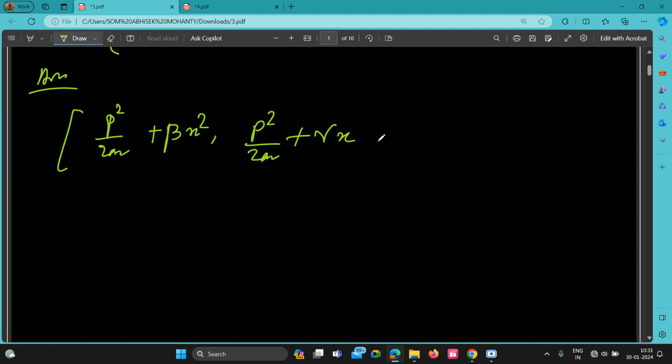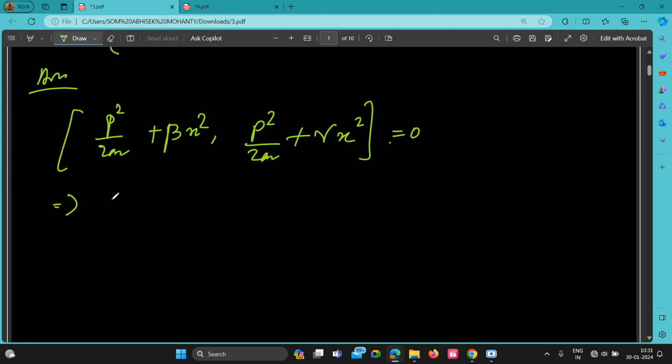Answer. So the commutator of p squared by 2m plus beta x squared with p squared by m plus gamma x squared is 0. It's given as 0.